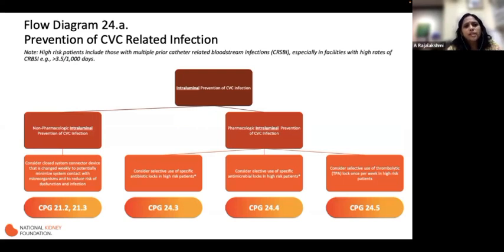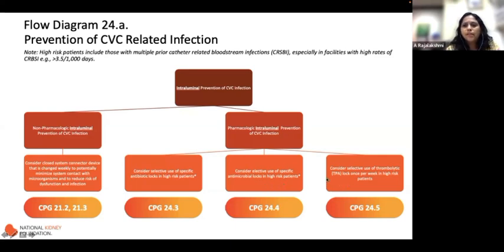So you always consider a closed system and do not disconnect devices unless it is necessary. And consider selective use of specific antibiotic locks in a high-risk patient. If you have multiple recurrences of CLABSI and you want that line to be retained, then consider elective use of specific antimicrobial lock in high-risk patients.